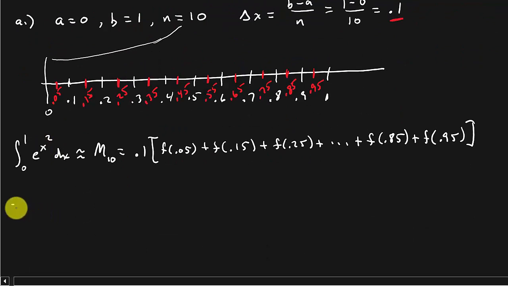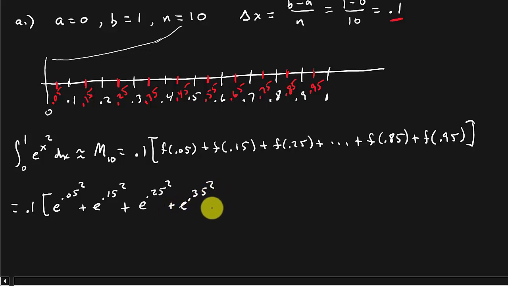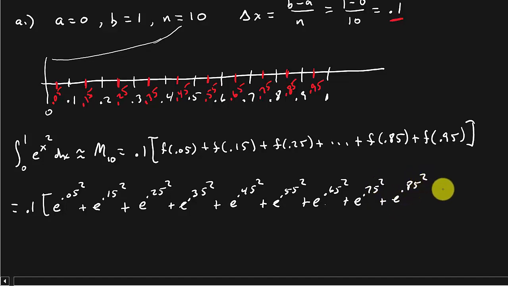That's what we're doing. And so this is going to be 0.1 times e to the 0.05 squared plus e to the 0.15 squared plus e to the 0.25 squared plus e to the 0.35 squared plus e to the 0.45 squared plus e to the 0.55 squared plus e to the 0.65 squared plus e to the 0.75 squared plus e to the 0.85 squared plus e to the 0.95 squared.